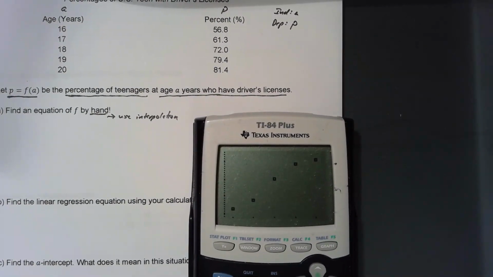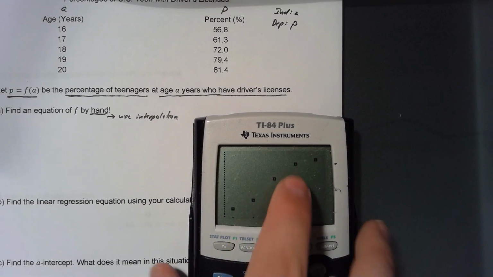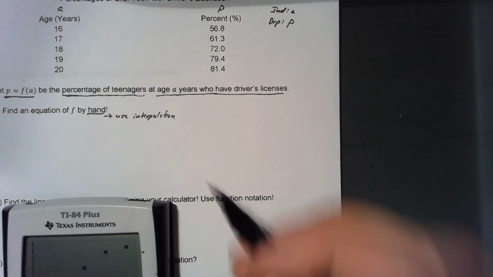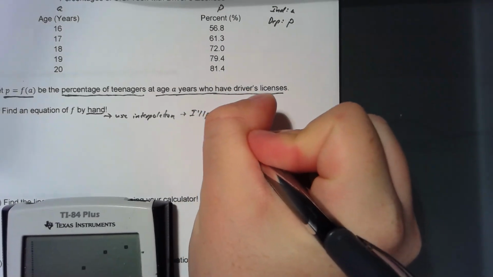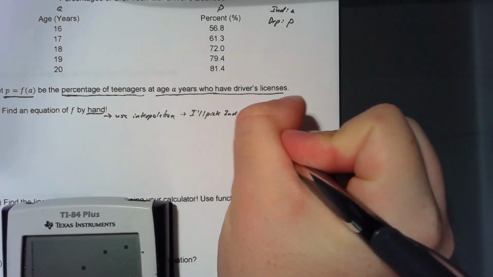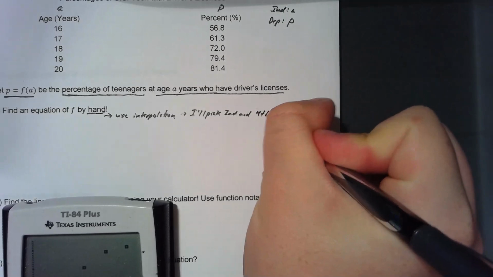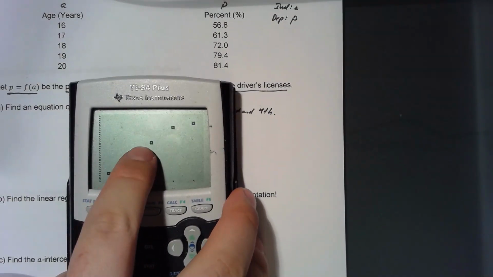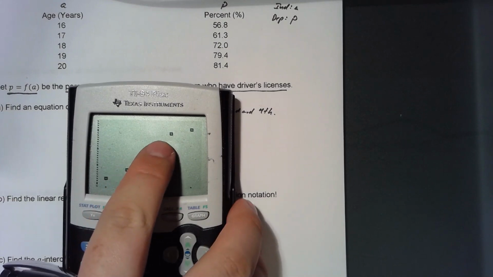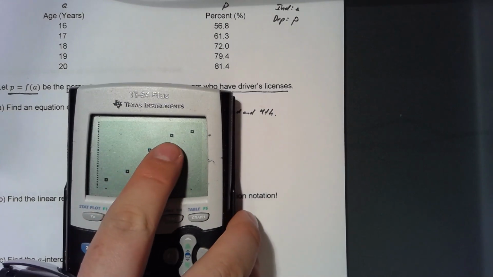I will pick the second one and the fourth one. Again, that's up to you. You could choose the second and third one. You could choose the third and fourth one. You could choose the second and fourth one, like I just did.